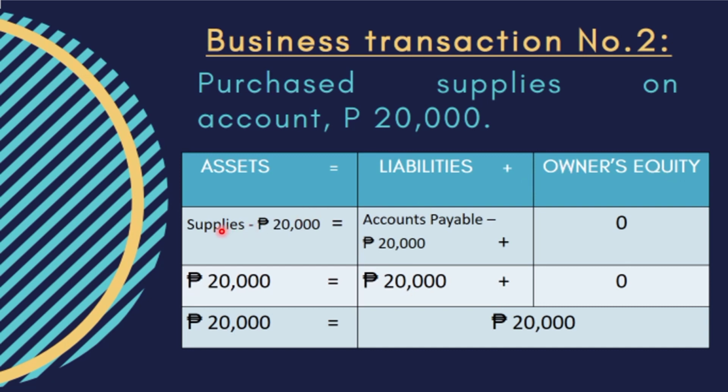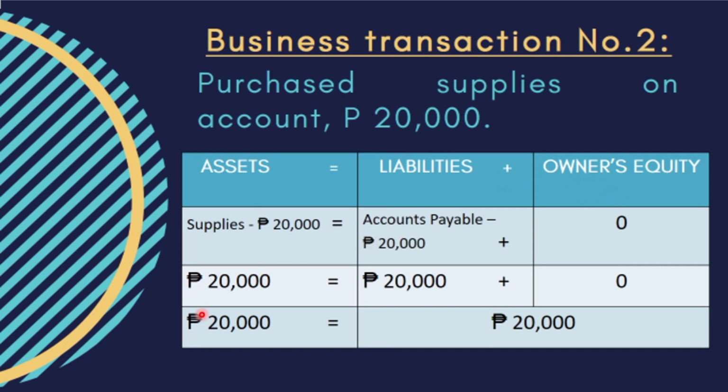So supplies is an asset which is worth 20,000. Then the liabilities, accounts payable, which is 20,000, and we don't have owner's equity, so the value of the owner's equity is 0. A while ago, I discussed that assets is the debit account and the liabilities plus owner's equity is the credit account.